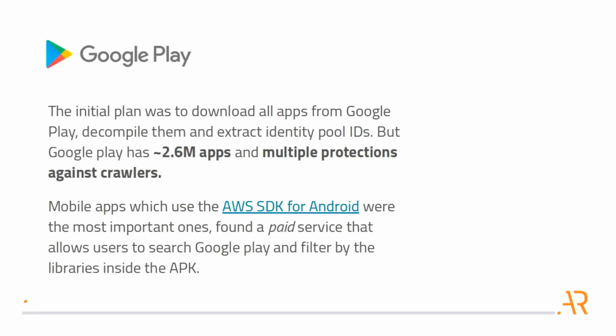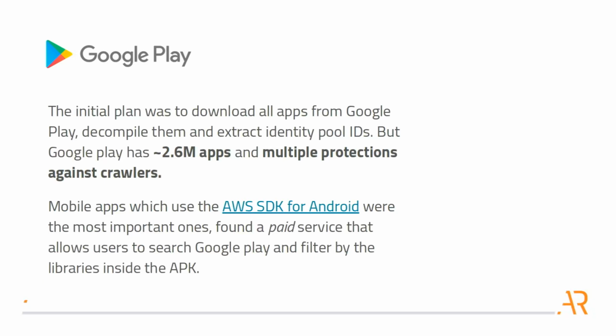My first approach was to download all of the applications from Google Play, decompile them, and extract identity pool IDs from those files using grep. That doesn't work. Google Play has 2.6 million applications, and that's a lot.